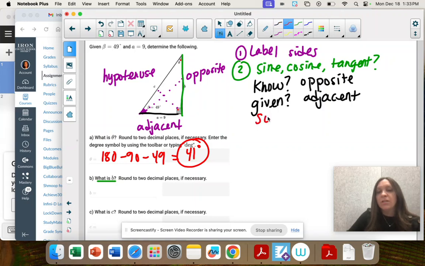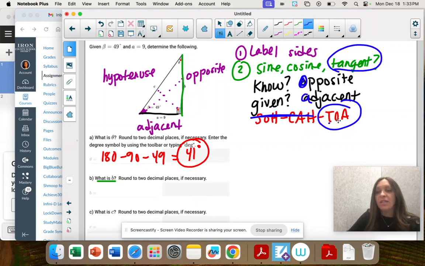So from here, am I going to use sine, cosine, or tangent? Which one has opposite and adjacent? Tangent. OA, TOA.